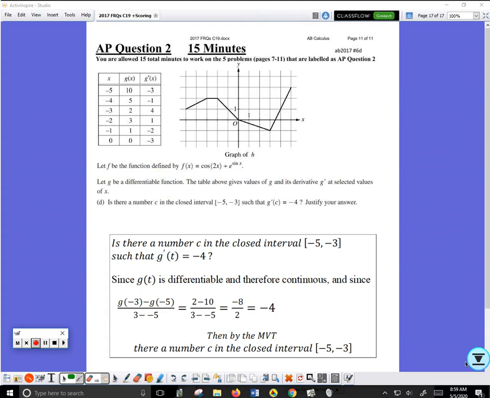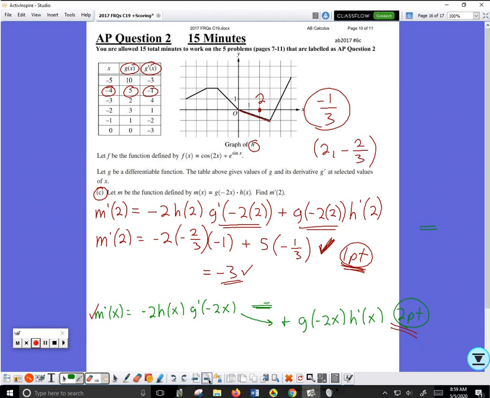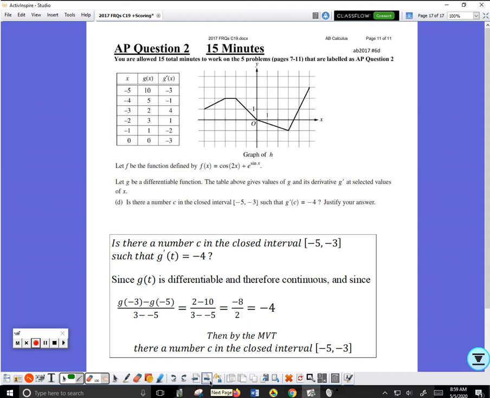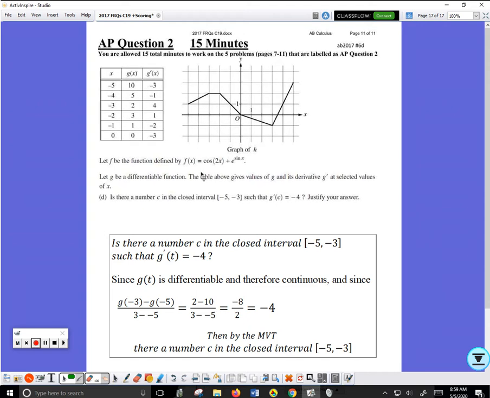Okay, is there a number, this sounds like the intermediate value theorem, it just starts out with that wording. Is there a number C in the closed interval? Because the intermediate value theorem and the mean value theorem both deal with this idea of there is possibly a value.